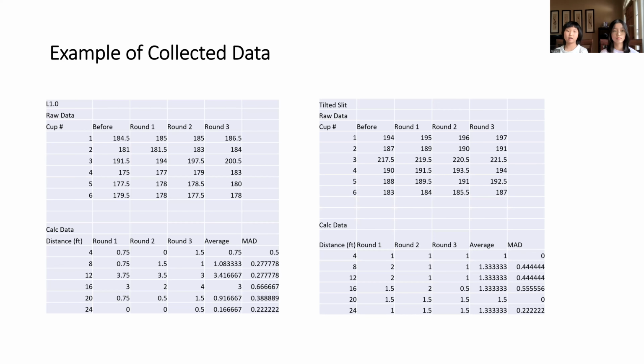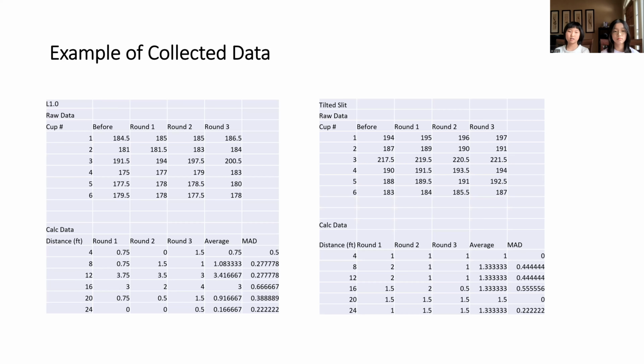So calc data is basically the data that was calculated out. Distance is the distance between the sprinkler and a cup in feet, and round one is the amount of water sprayed into the cup during round one. Round two is the amount of water sprayed into the cup during round two, and so on.